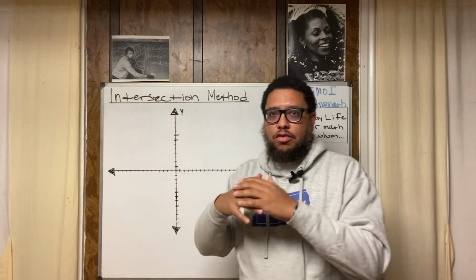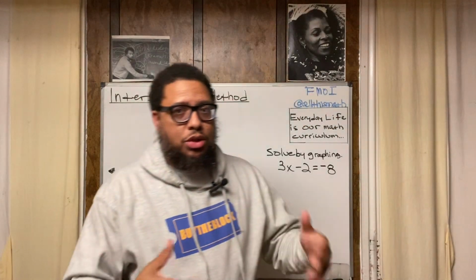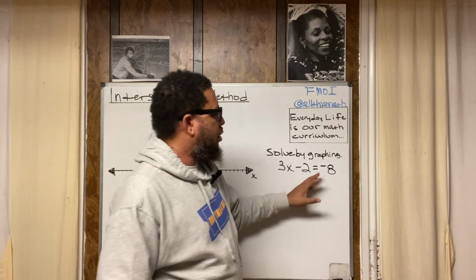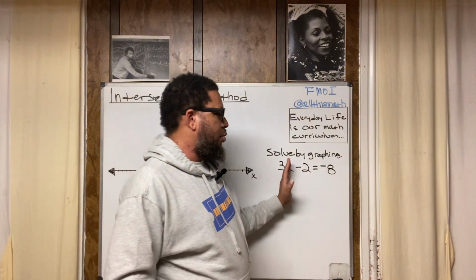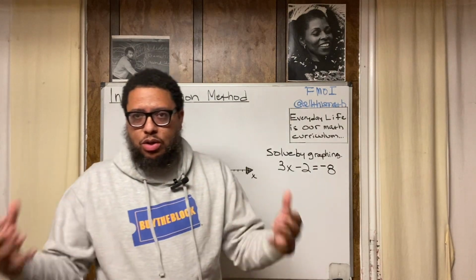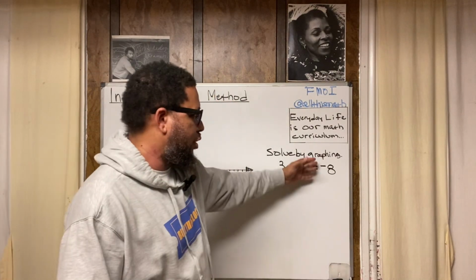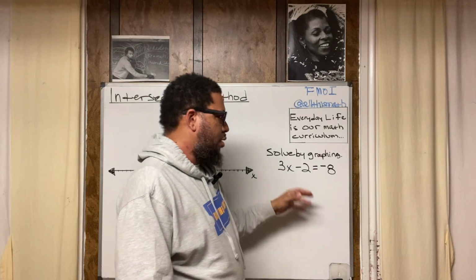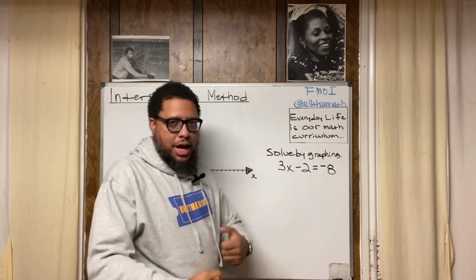I like to call it the divide and conquer method because what we do is we divide this equation up into two separate expressions, and then we make each of those expressions into their own equation. All right. So we divide the original equation, right? And then we break it down, we conquer it, you know what I'm saying?